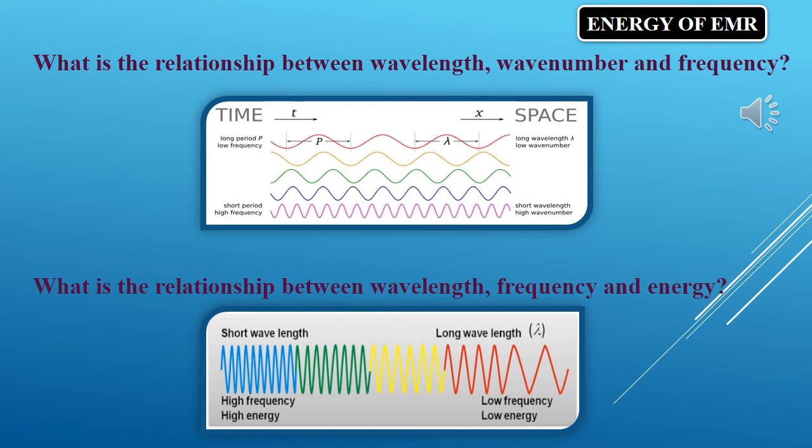When wavelength is increased, energy is decreased. When wavelength is decreased, energy is increased. See the diagram. Short wavelength represents high frequency and high energy, whereas long wavelength represents low frequency and low energy. That is the relationship between wavelength, frequency and energy.